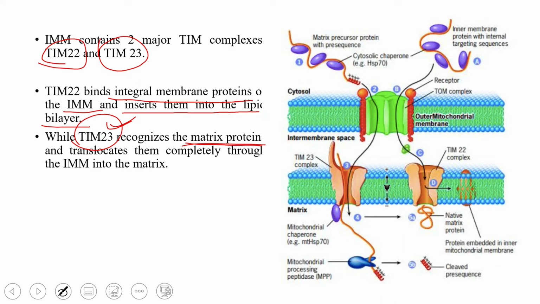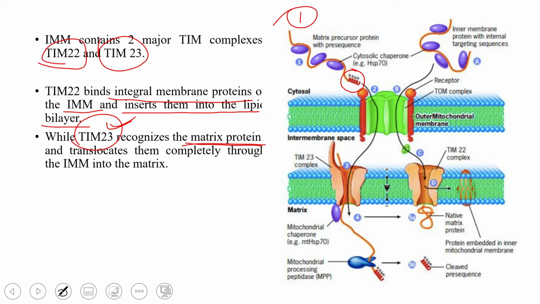I know this is very confusing. I am going to explain it once again with the help of a diagram. So here in the first case, this is a matrix precursor protein with a pre-sequence. This is the pre-sequence or the N-terminal matrix targeting sequence, which is going to target this pre-protein into the matrix.